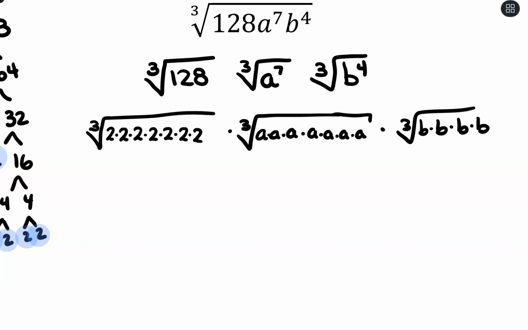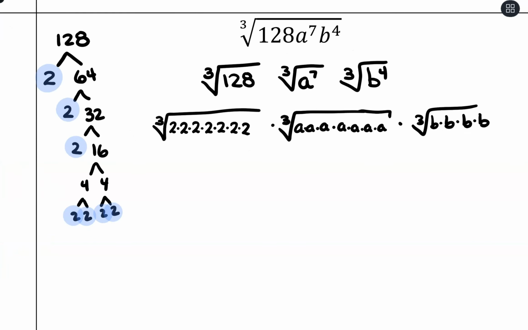I'll show you a shorter route after this, or another way of thinking of it, but just in case. There we can see grouping of 3, grouping of 3. So we're going to have 2 2's come out. So it's like we have 2 times the cube root of 2. And then with the a's, we have 1, 2, and then an a stuck underneath.